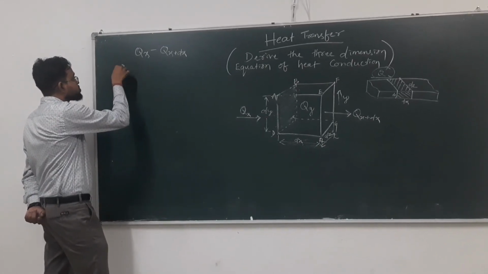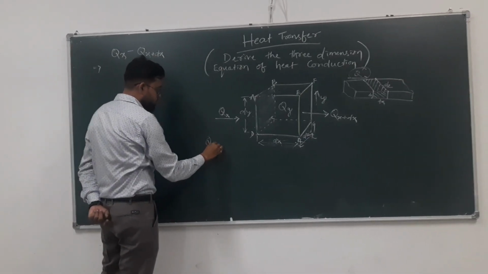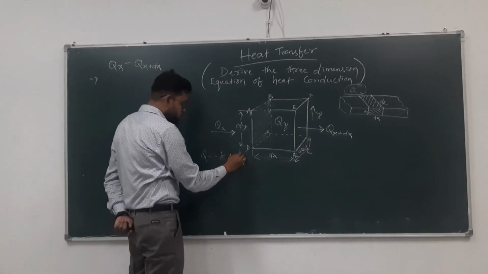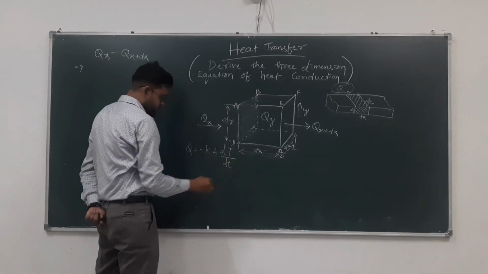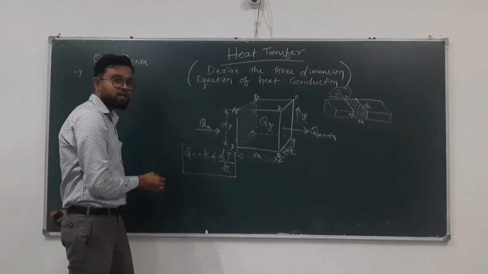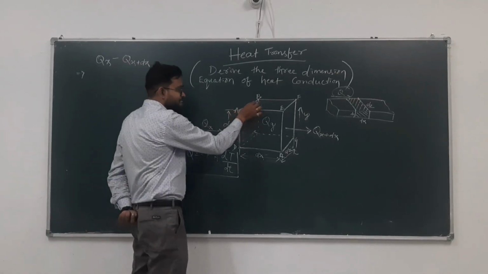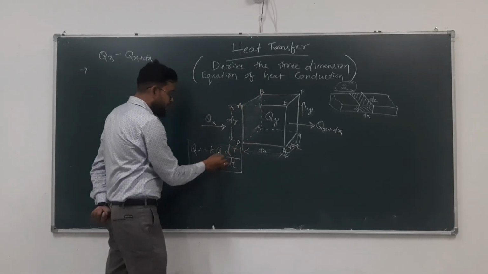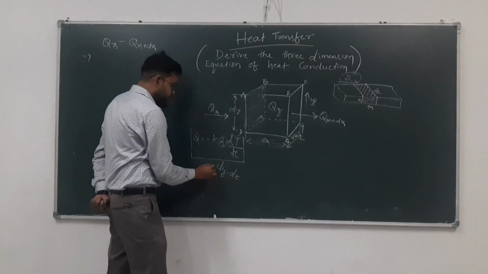It is minus kA dT by dx. When we are considering the x direction, the dimension of x plane is dy into dz. So the area is dy into dz.